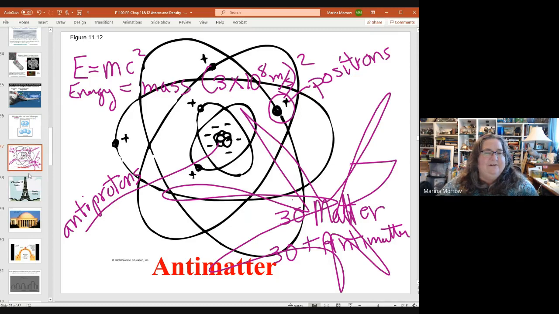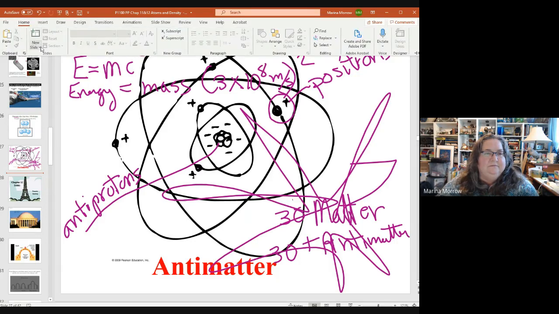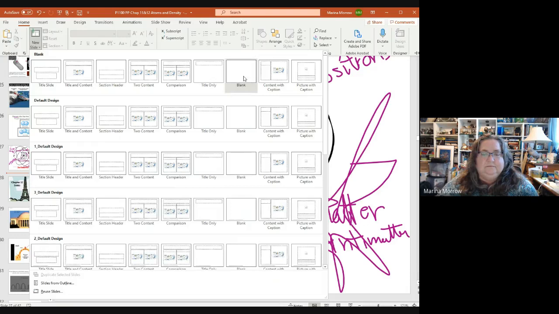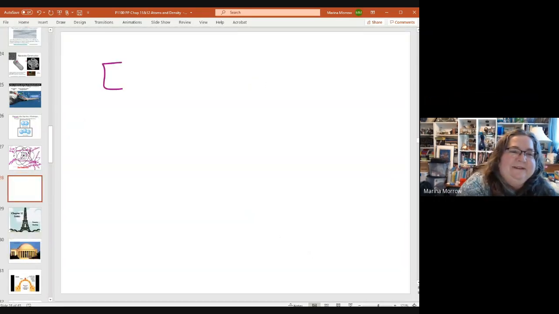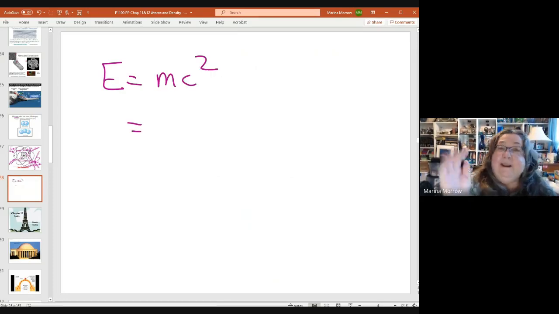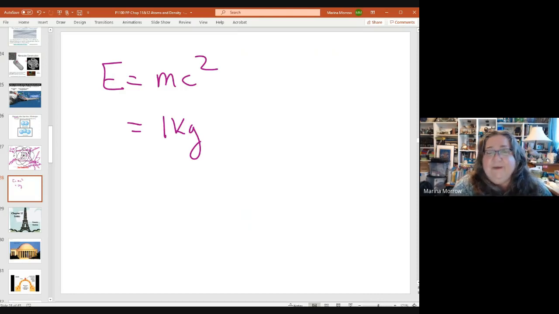In fact, let's do a little calculation just for fun. Okay, so E equals mc squared. And let's say that we had 1 kilogram of matter, just to make the numbers easy. And so that is being destroyed. So maybe we had 500 grams of matter and 500 grams of antimatter, putting them together.